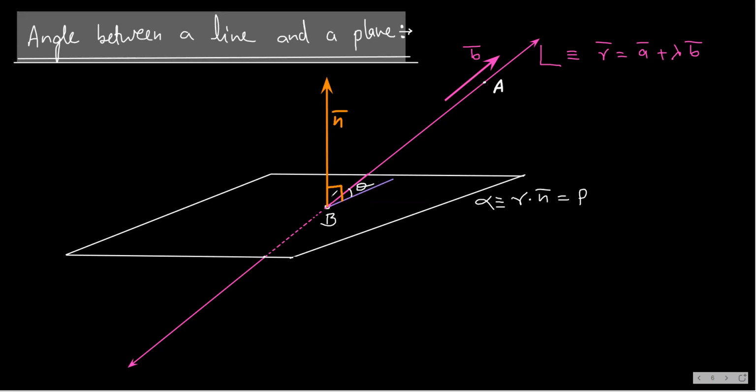Definitely this is going to be 90°, because we all know that normal is perpendicular to the plane, and this shadow line, that is the projection line which we have, is on the plane. So automatically n bar is perpendicular to that.